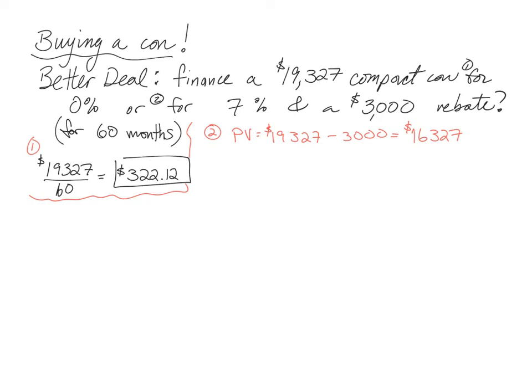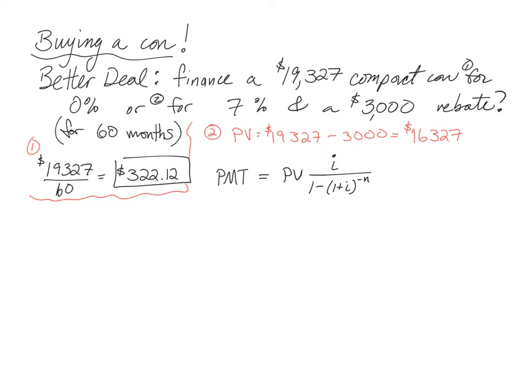Well, we have to do a little math to see how that works. There is another formula, go figure, to where we can figure out the payment of a present value annuity. And it looks something like this: 1 minus 1 plus i raised to the negative n power. There it is.